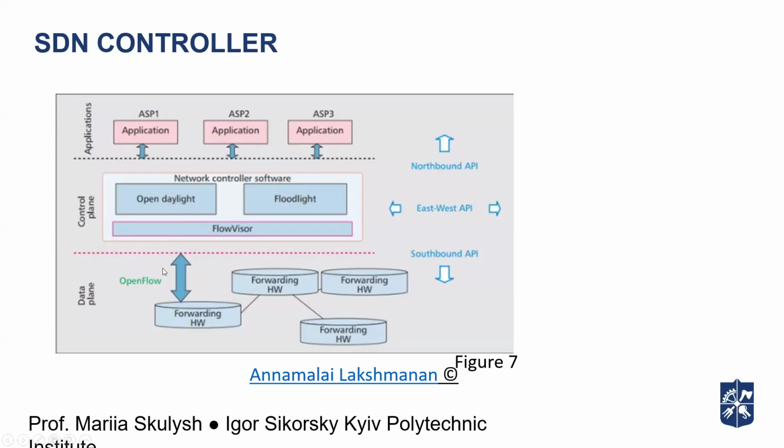Controllers send information for forwarding tables, so it's routing tables placed on nodes, and by these routing tables, requests or flows of requests are transmitted. Also, the OpenFlow protocol is used for collecting information about the flows, about the state of the node, and so on. So it helps to manage this node.